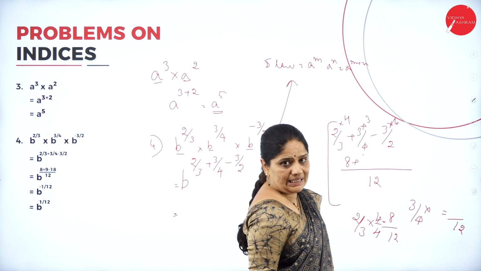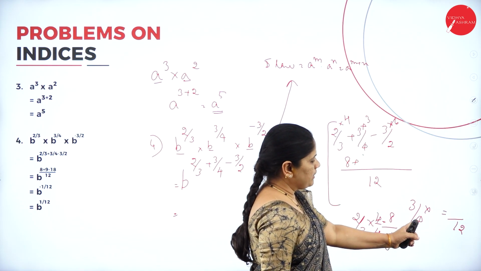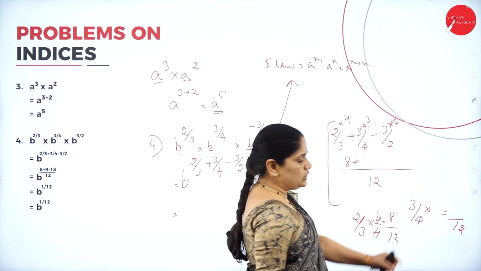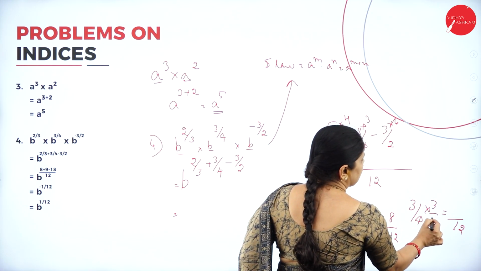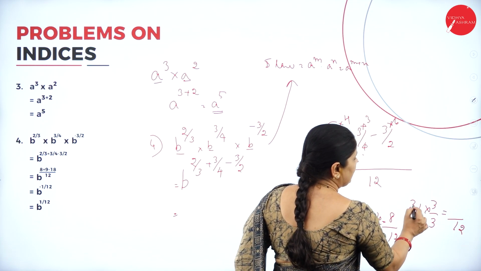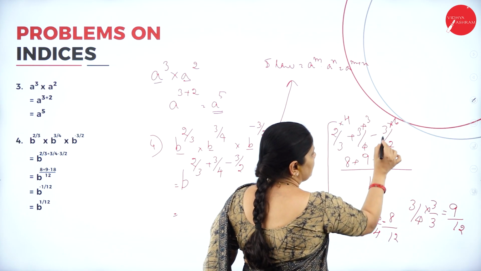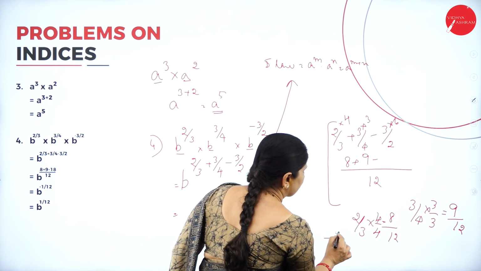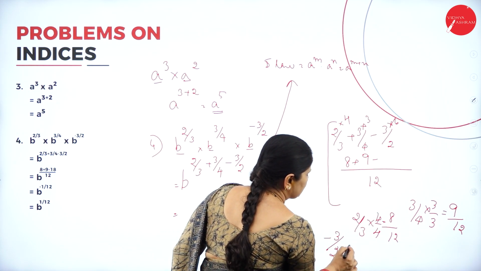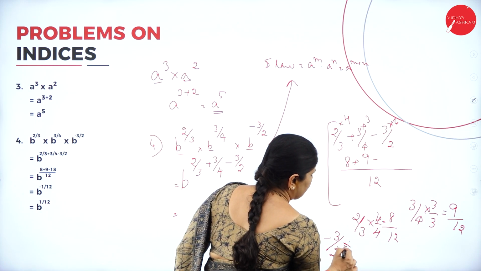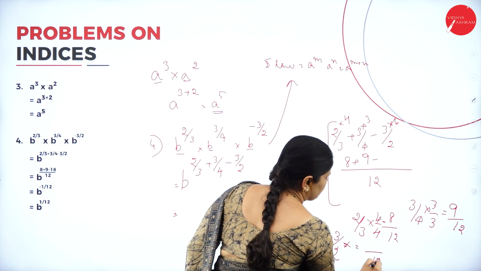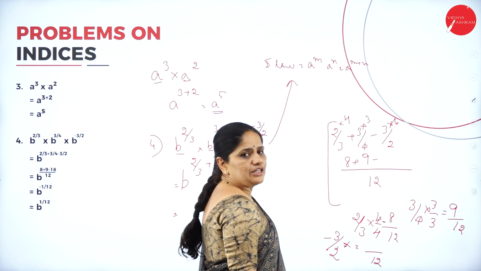Plus then again 3 by 4 into dash equals 12. Now, I need 12 in the denominator. So, what should I multiply 4 by? 4 into 3. So, it will be 3 by 3. 4 3s are 12, 3 3s are 9. So, 8 plus 9 minus, you see the last fraction, minus 3 by 2 is there. So, I will write into dash equals 12. Now, I want 12 in the denominator.